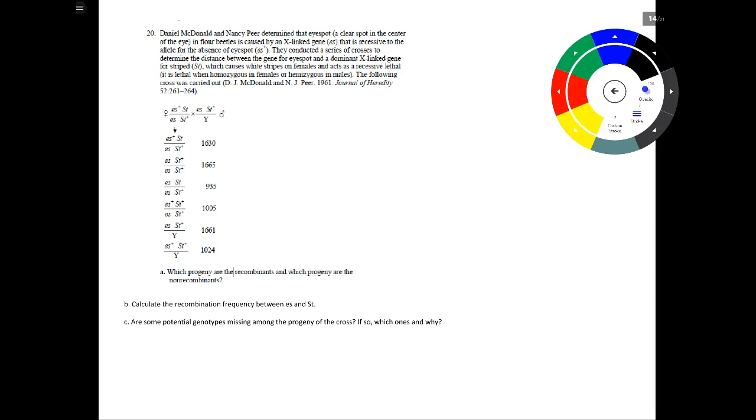This one's a little bit different. And it's starting to look at real data. Whenever you start looking at real data, it just makes it a little bit less obvious, I guess. And the numbers are a little wacky. But now this is how we would do it, and you can tell, they show you the Y chromosome there, so you can tell it's X-linked.